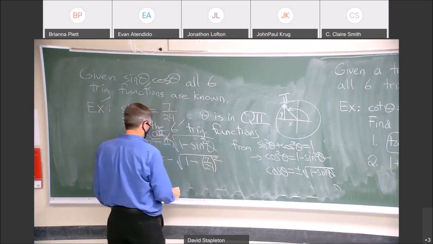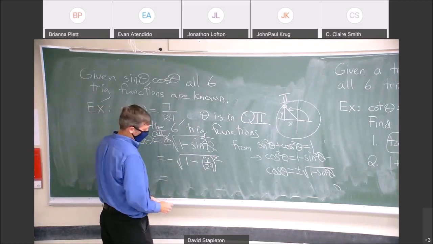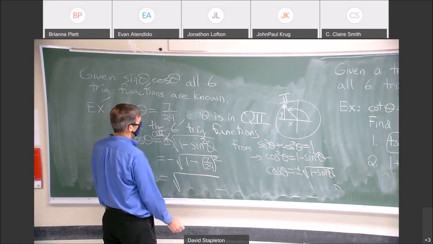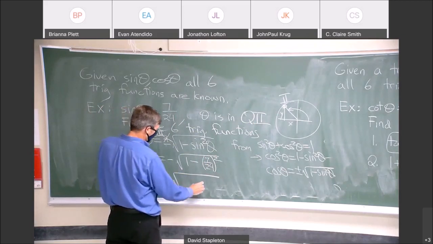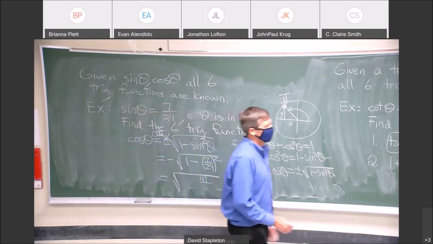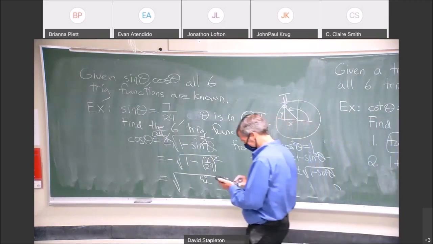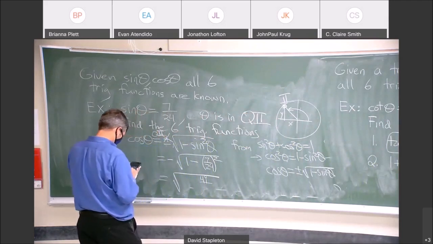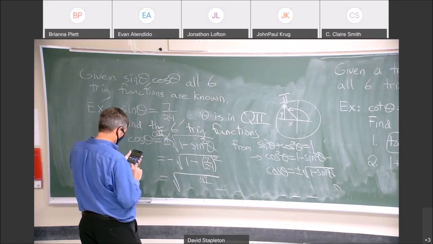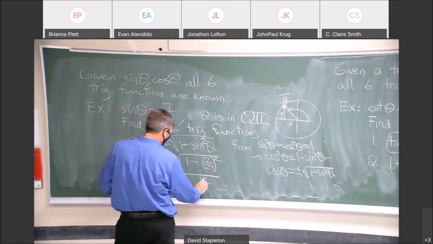And I need to square that. Now these are getting to be harder numbers, right? So this is where you need your calculator in the exam. Every exam you need a calculator because you'll have computations like this: what is 24 squared? You'll lose a lot of time trying to do that if you don't have your calculator. 7 squared is 49. 24 squared, I'm going to figure it out here. It's 576.